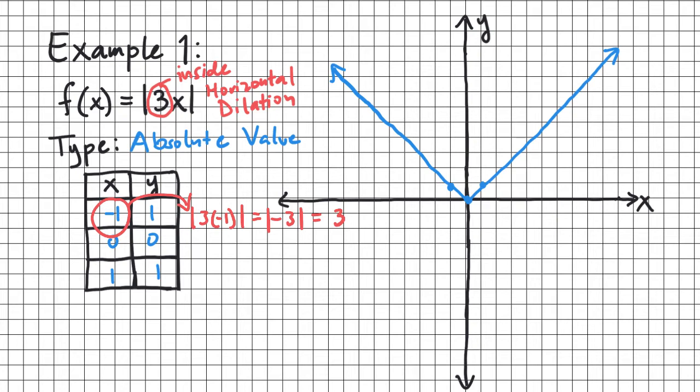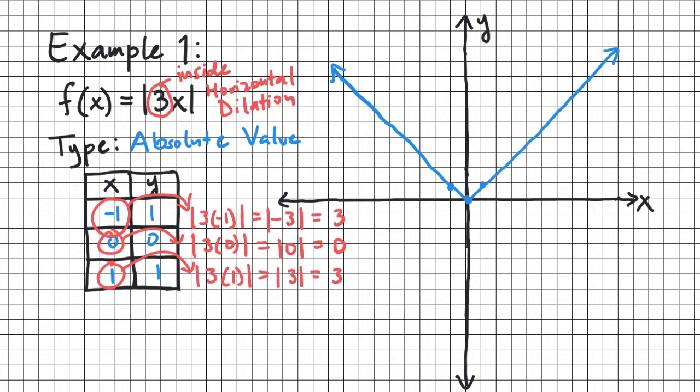And then take this x value of 0, plug it into the equation. 3 times 0 is 0. The absolute value of 0 is 0. And then the last one is 3 times 1 equals the absolute value of 3, which equals 3.